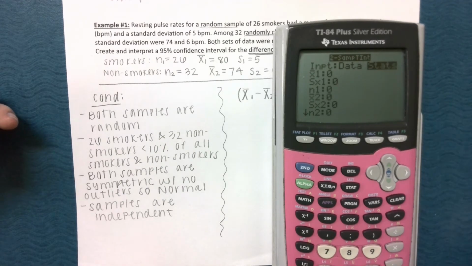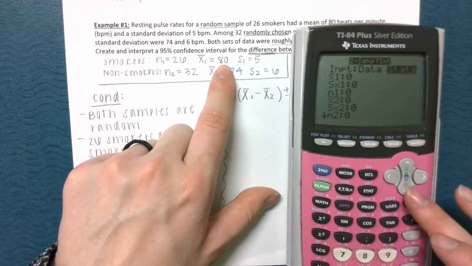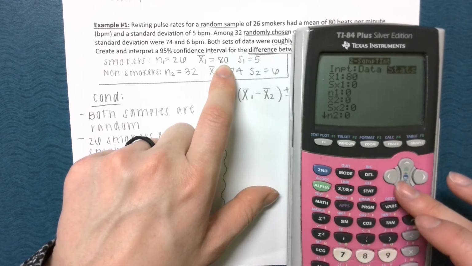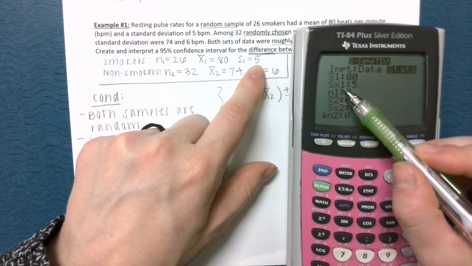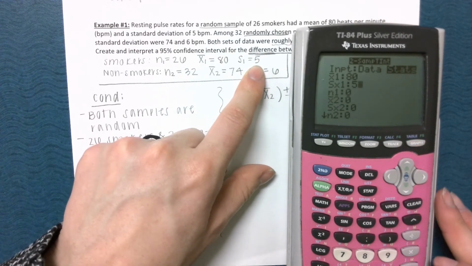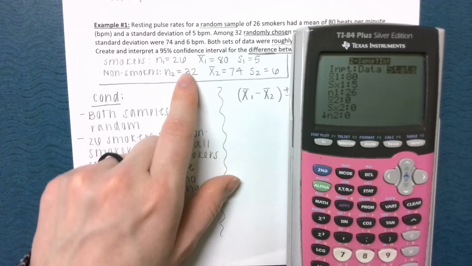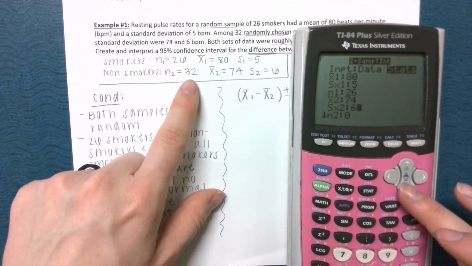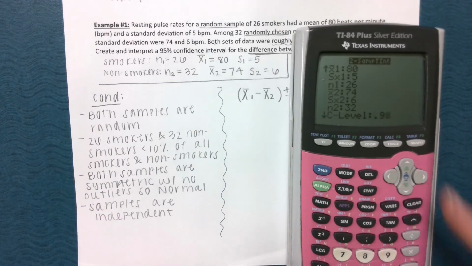We were given stats here, so I'm going to go ahead and type in all of my values. My x bar 1 was 80. My standard deviation is 5. Notice they're saying Sx1. Again, that just means standard deviation. N1, 26. X bar 2 is 74. Standard deviation of 6. N2 is 32. Confidence level this time is 95.